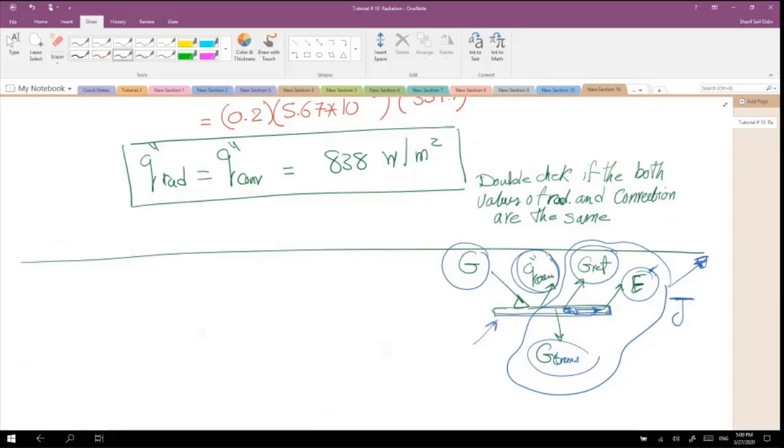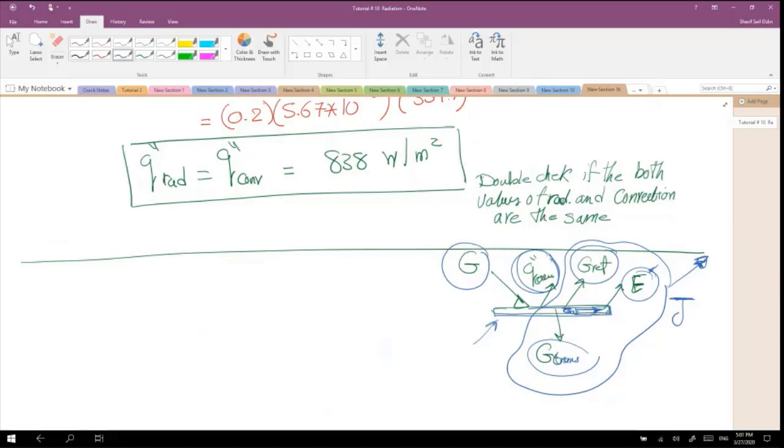They should be equal to each other because, first of all, it's an opaque surface, and the second thing is that the heat leaving the surface by radiation is already taken with the convection side already.